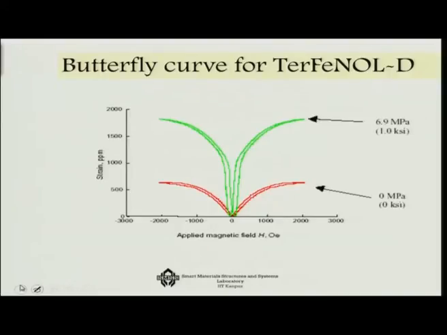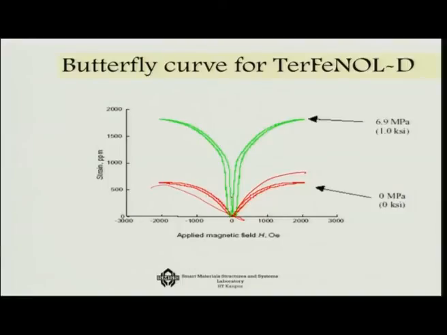Another interesting thing is that Terfenol-D has a butterfly curve, because you can see that the shape here is like a butterfly. In this butterfly curve, what we are trying to show is that if you change the magnetic field, you are going to see a reversal, but that reversal is not in terms of sign change.